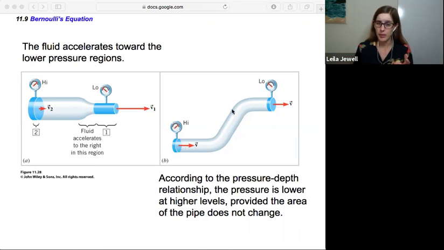So if the area of the pipe stays constant, then the velocity has to stay constant, but the pressure will then change, and we'll have a higher pressure at a greater depth and a lower pressure as we move upward. So how do we pull these things together? Well, Bernoulli's equation relates the depth, the speed, and the pressure of the fluid. So it's a very powerful equation.